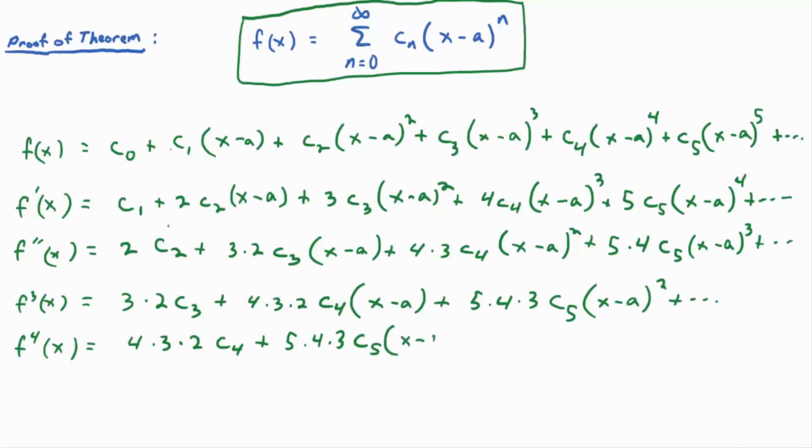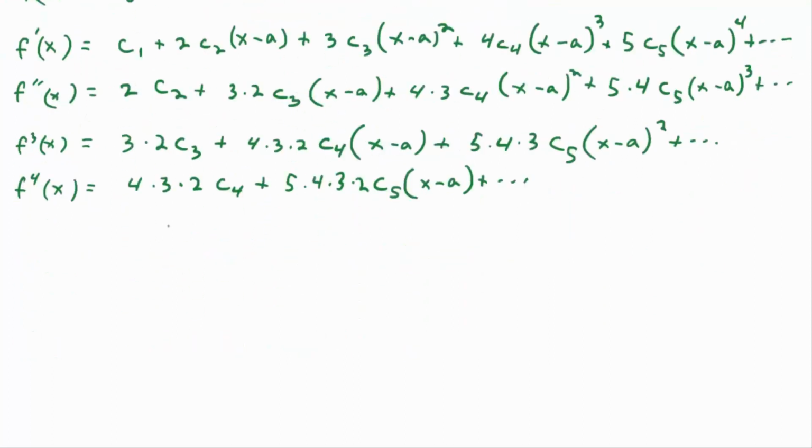Did I miss anything? I knew I forgot something. Plus 2, or times 2, I mean. So I didn't bring the 2 down. Although it's not going to affect you seeing the pattern, let me get it right. So times 2 right there. OK. Now, let's examine this last one.